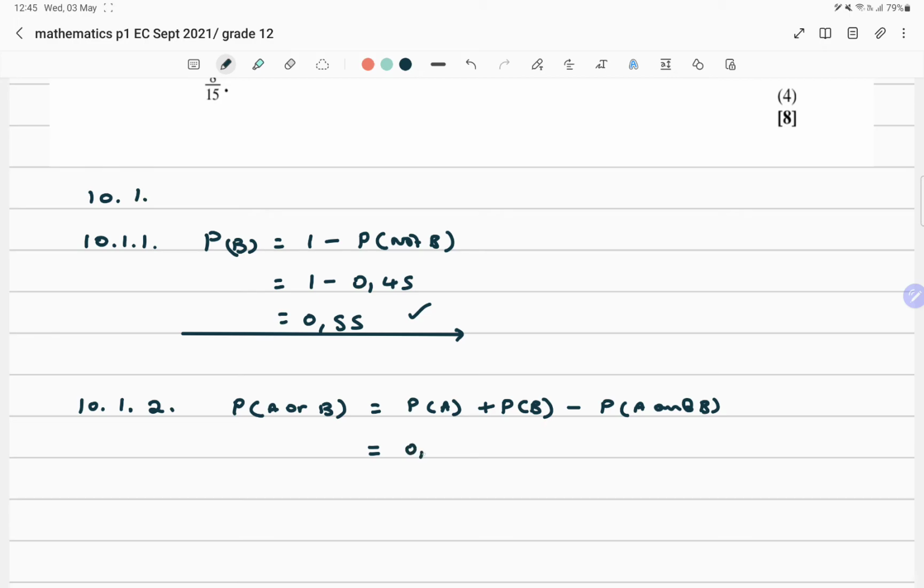So we were told P(A) is 0,2 plus P(B) we determined is 0,55. But because A and B are independent events, we know that the product of the probabilities will give us that instance where they occur together. Easy, ne? Easy. Just put it in the calculator. 0,2 plus 0,55 minus 0,2 times 0,55. So I'm getting 0,64. That's the answer.